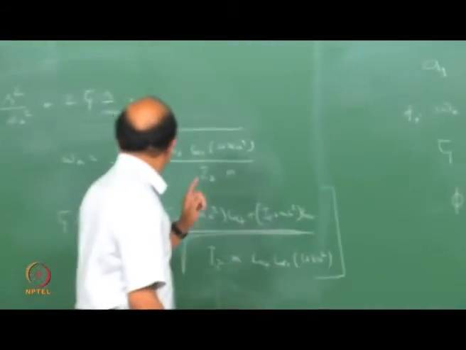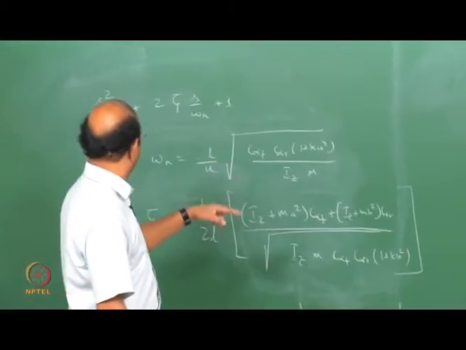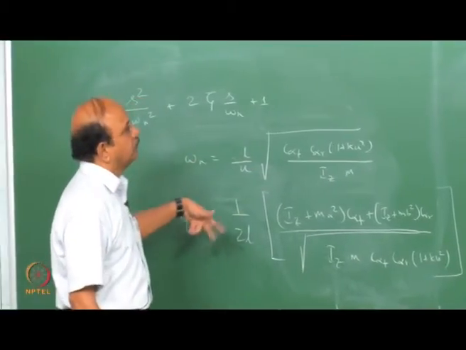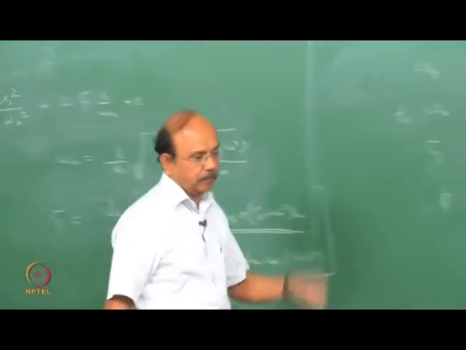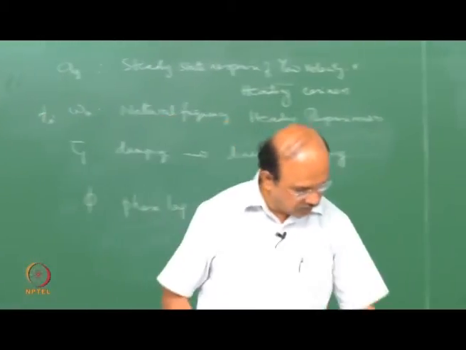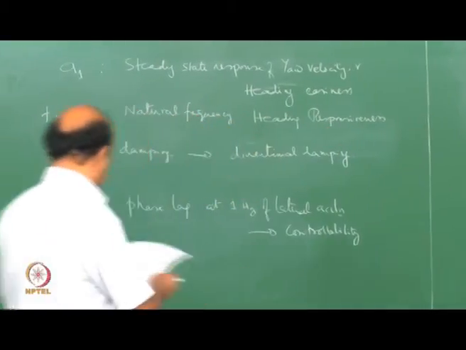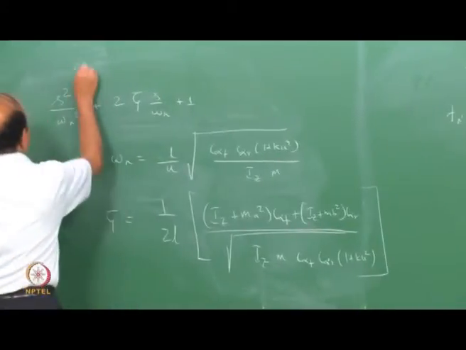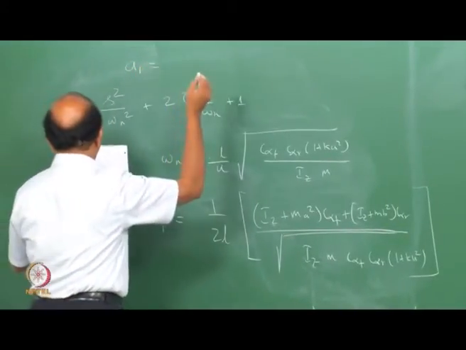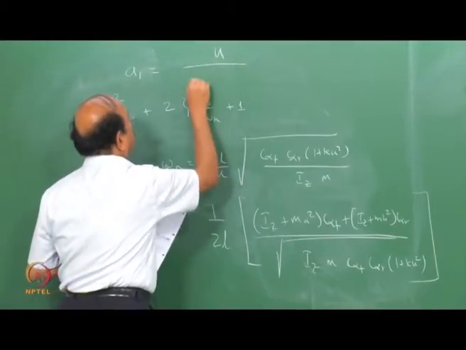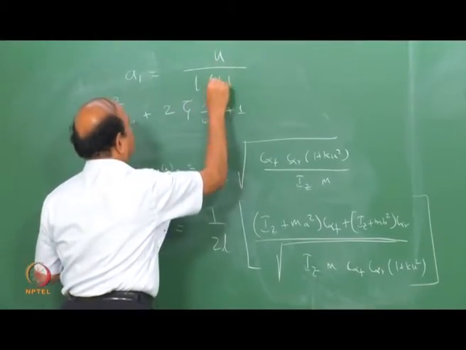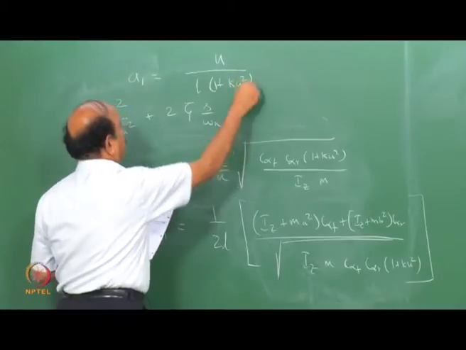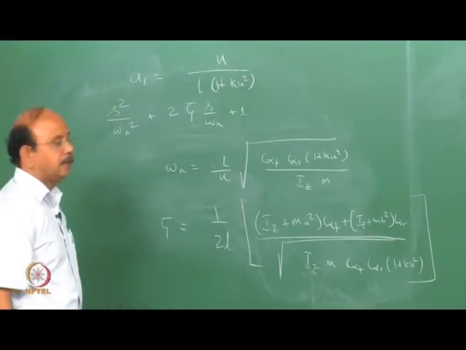Look at all the equations, some of which I've written here, some of which you don't have. Here A1 and phi, the phase lag, I have to write down that equation. That's a tricky equation. Let me write down A1 here. A1, which you already have, is U divided by L into 1 plus K U squared.